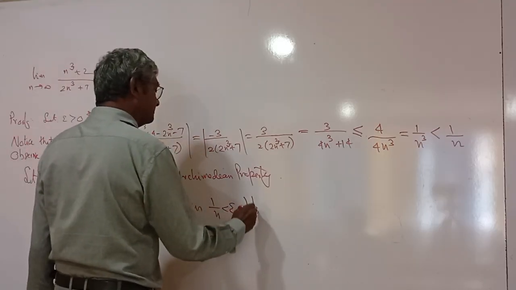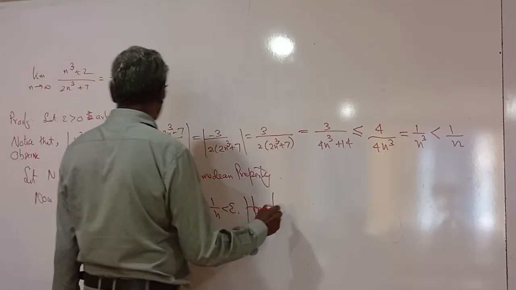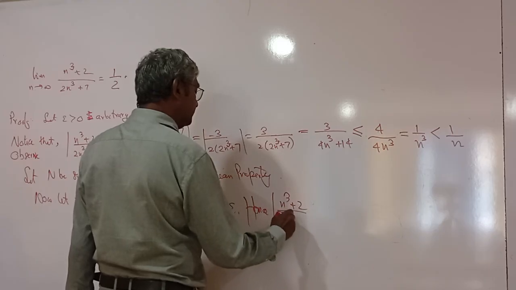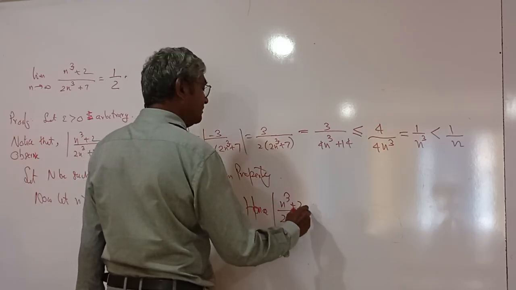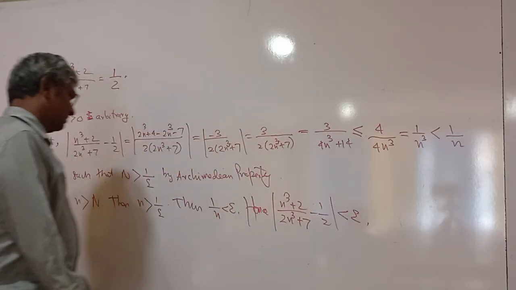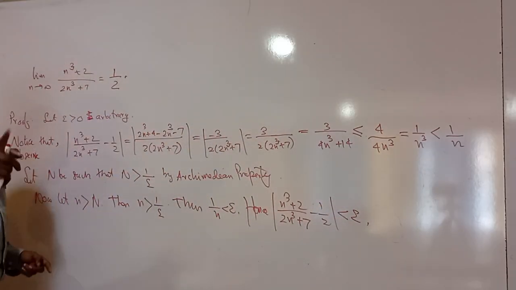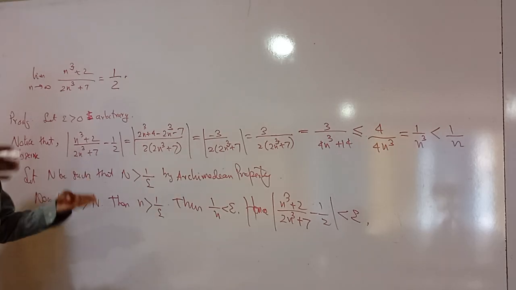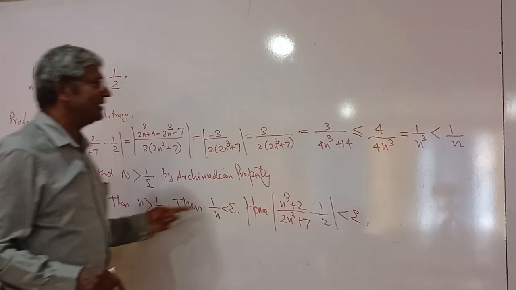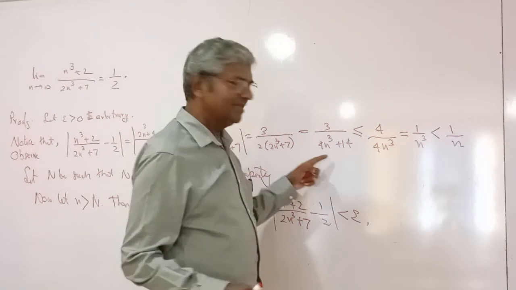Hence this thing, (n cube plus 2) divided by (2n cube plus 7) minus 1 half, is less than epsilon. So I have done that for each epsilon. You did this correctly, but sometimes if you do it this way, you cannot. Here, luckily you had only 4n cube plus 14.